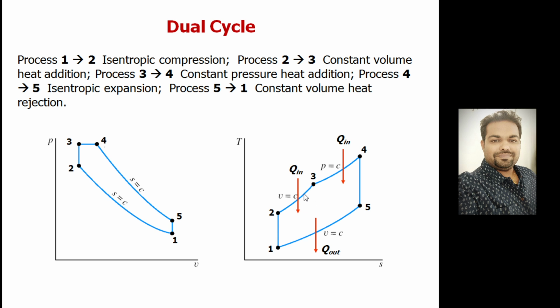Keep in mind the slope of the constant volume line will be higher than the slope of the constant pressure line. This is the constant volume line, process 2 to 3, heat addition at constant volume, then constant pressure heat addition, followed by expansion in 4 to 5, then finally heat rejection at constant volume. So it has a total of 5 processes: 1 to 2, 2 to 3, 3 to 4 and 4 to 5.